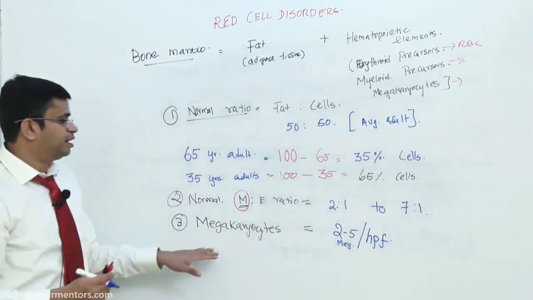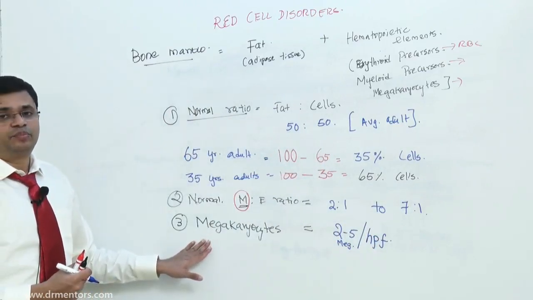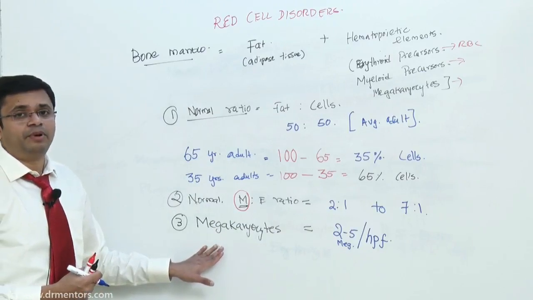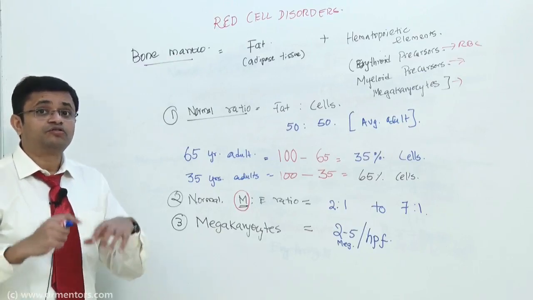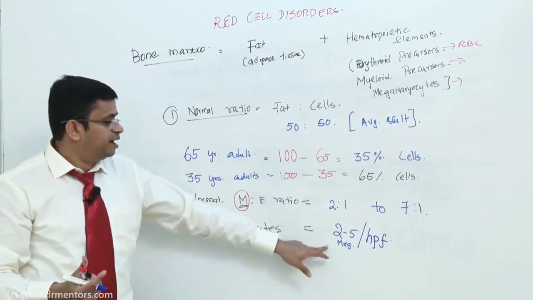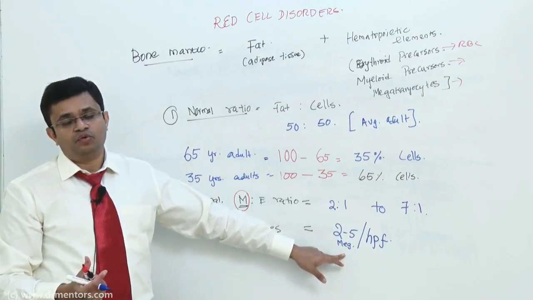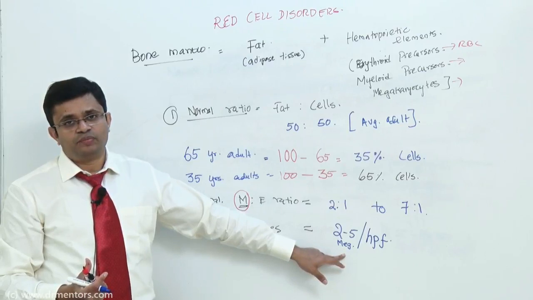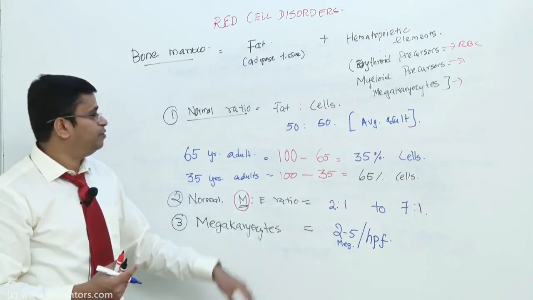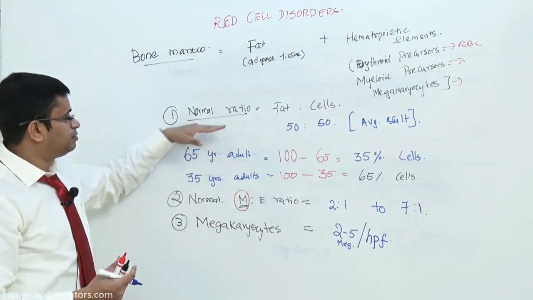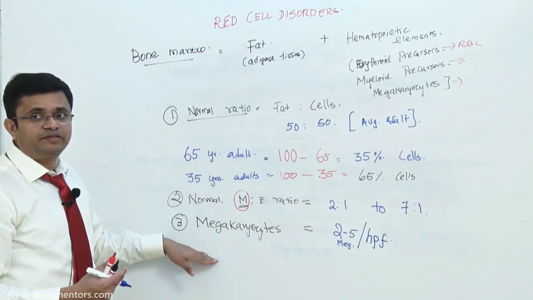That's the expected normal number, so we say megakaryocytes are appearing normal and adequate in number. In bone marrow, we do aspiration and biopsy to assess adequacy. So we have the ratio of fat to cells, the normal ME ratio, and then megakaryocytes.